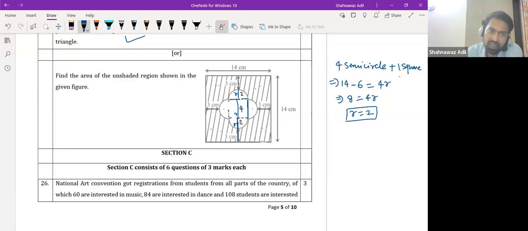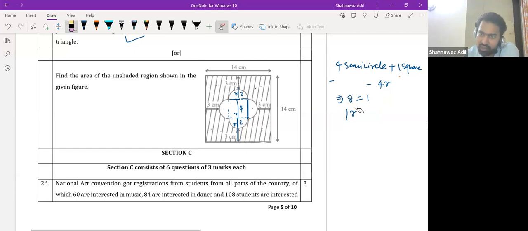So we can calculate the area. 4 semicircles is 2 circles plus 1 square. So this would be 2 pi R squared, R is 2, right? And then square is 4 into 4.